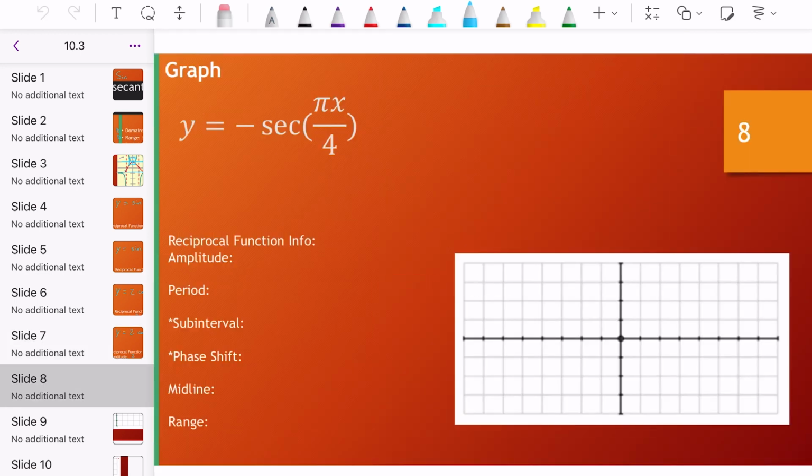Let's take a look at slide 8. With slide 8, once again, we're going to translate this into y is equal to negative cosine of pi x over 4.